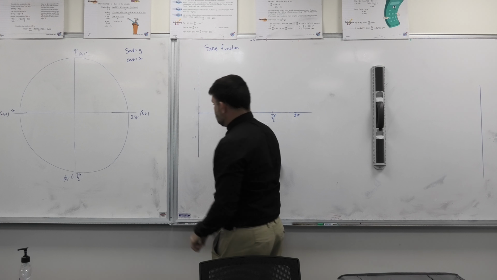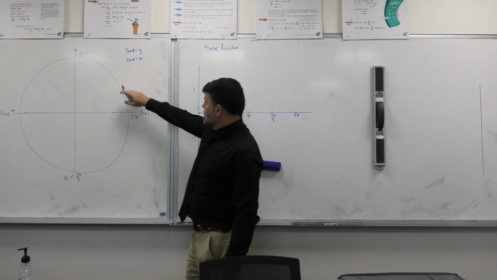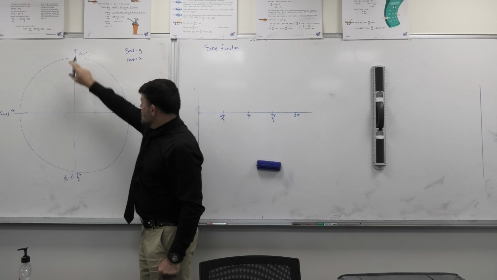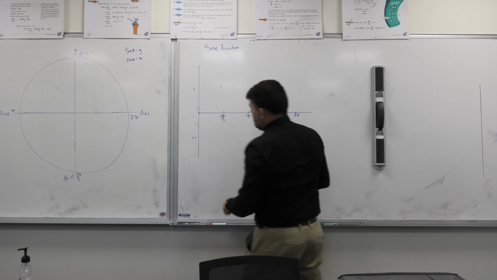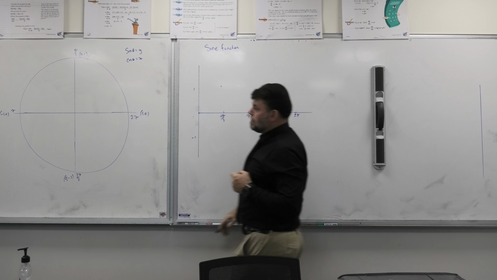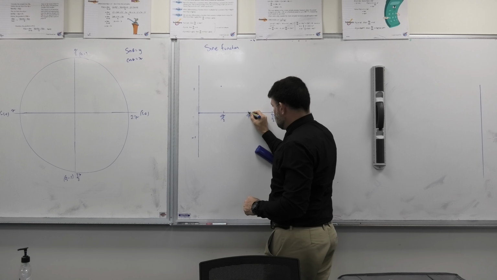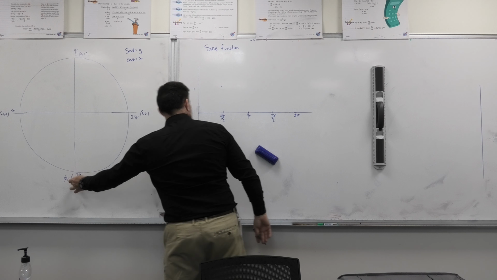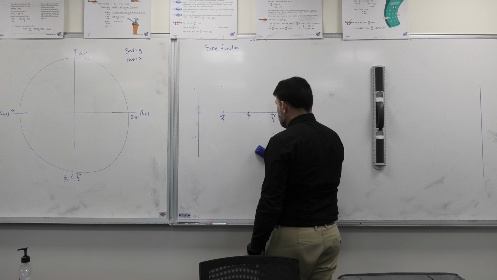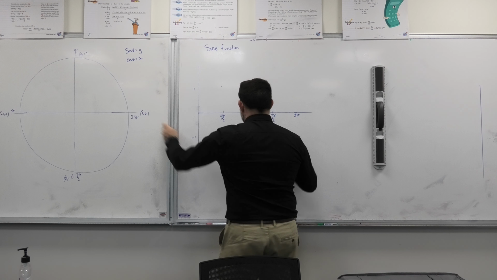So I can put a mark here. At pi on 2, sine is 1. So I'll put a mark here. At pi, sine again is 0. And then at 3 pi on 2, sine is -1. And then we get back to where we started, 2 pi, and it's 0 again.